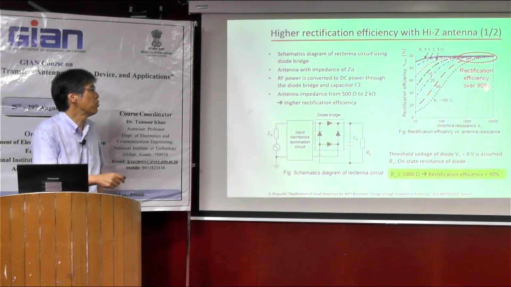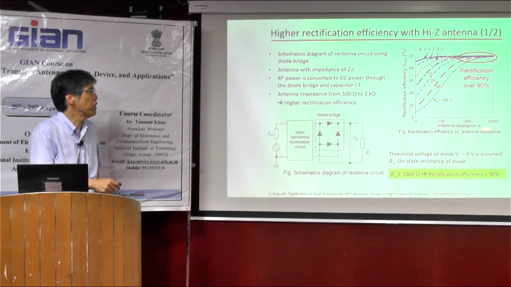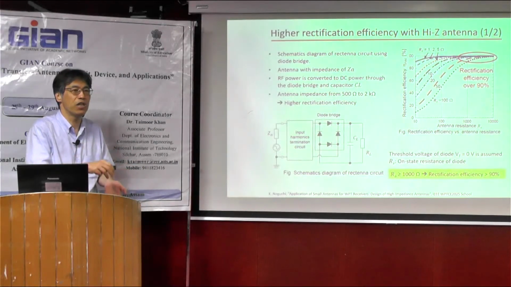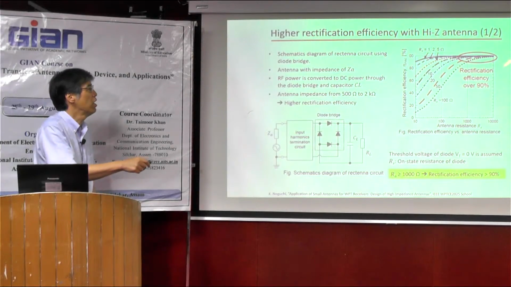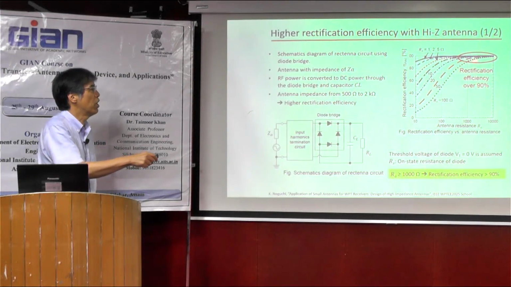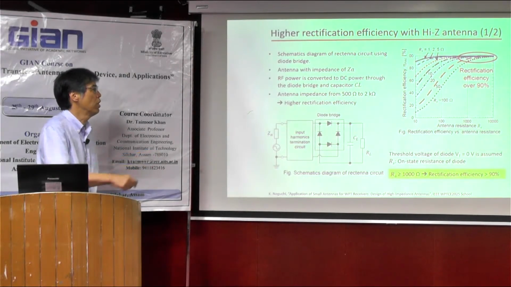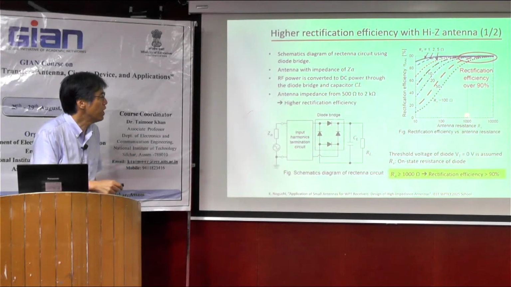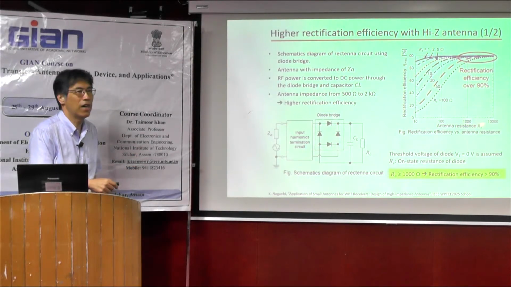So it means when we increase the antenna impedance, we can increase the voltage added at the diode, and as a result, efficiency becomes close to 100%.